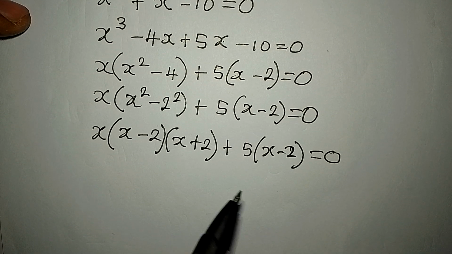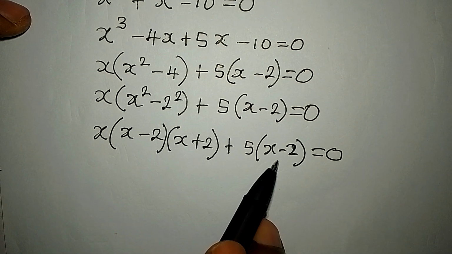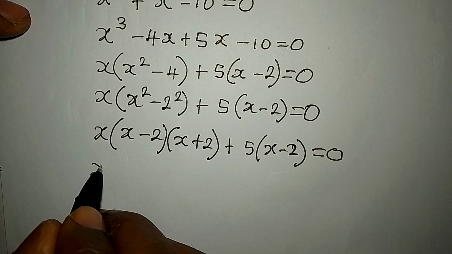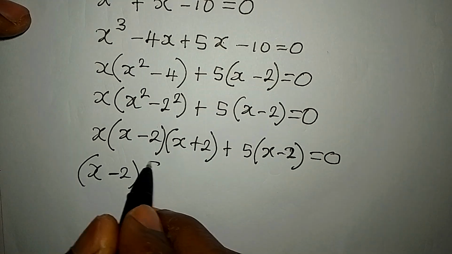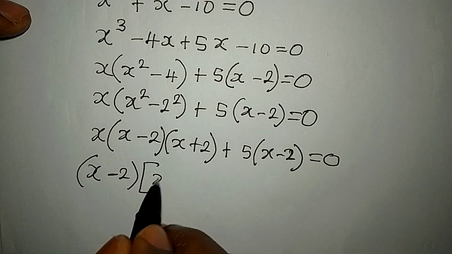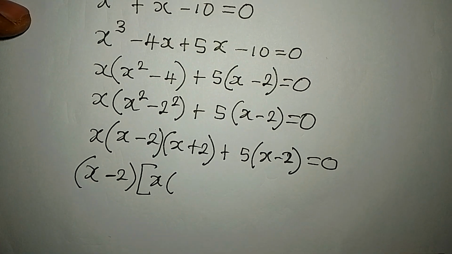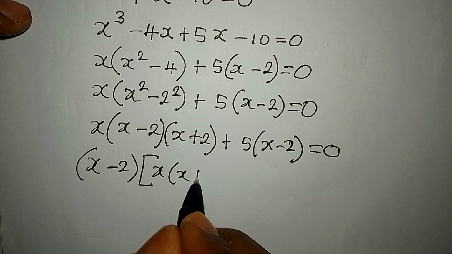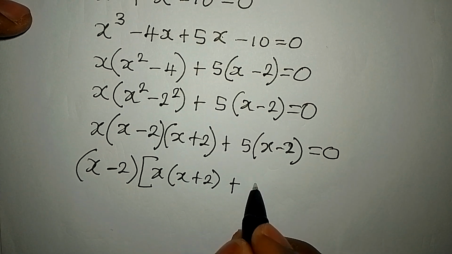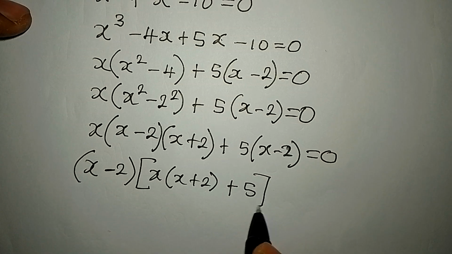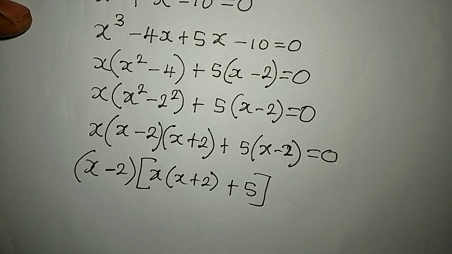Now from here, we have x minus 2 and x minus 2, so it comes out as a common factor, right? Then here we'll be having x into x plus 2. So we write x plus 2, close this, then plus 5 is there, but then x minus 2 is already outside.